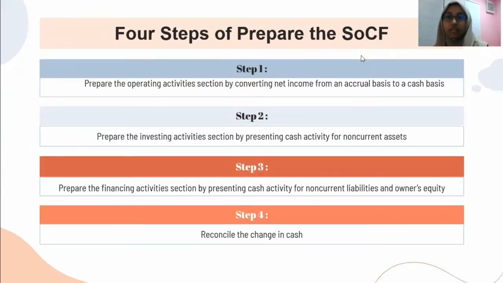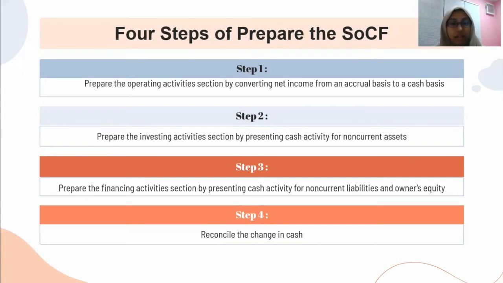There are four steps in preparing the statement of cash flow. First, prepare the operating activity section by converting the net income from accrual basis to cash basis. Next, prepare the investing activity section by presenting cash activity for non-current assets. This step focuses on the effect changes in non-current assets have on cash.